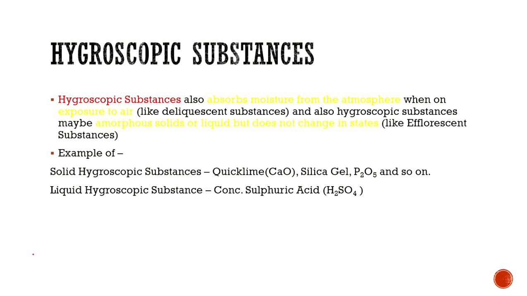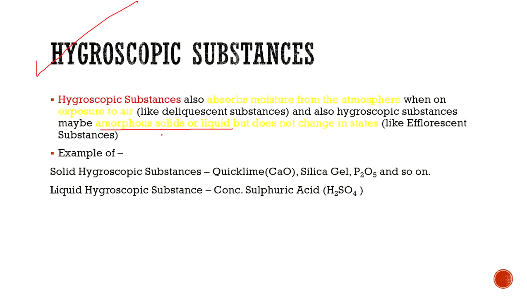Next, we will learn about hygroscopic substances. Hygroscopic substances also absorb moisture from air, but sometimes it is an amorphous solid and sometimes an amorphous liquid, and it does not change its state of matter.